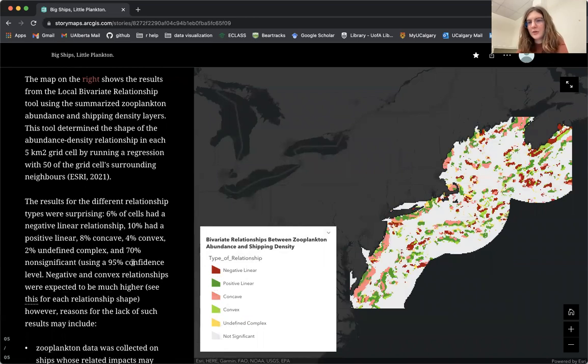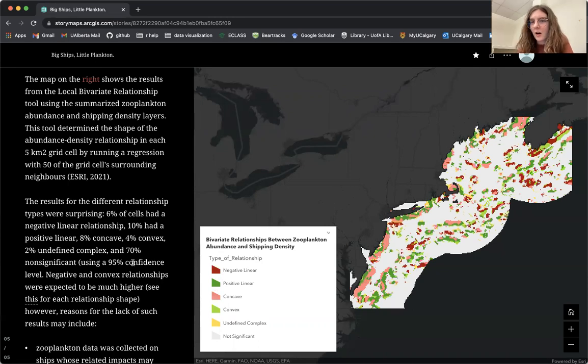So to assess the relationships, I threw the zooplankton and the shipping layers into a tool called Local Bivariate Relationships. Basically, what this tool does is determine the shape of the abundance-density relationship in each of those 5 kilometer square grid cells by running a regression with each cell's 50 closest neighbors.